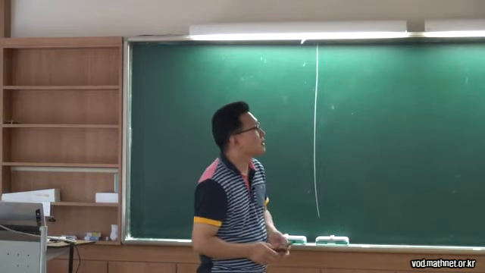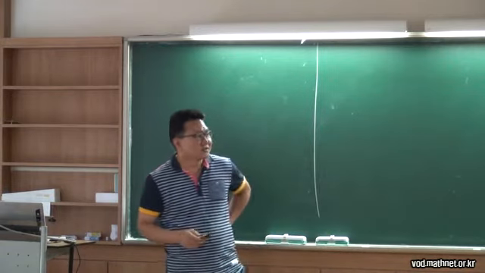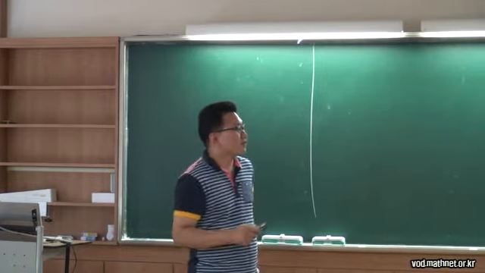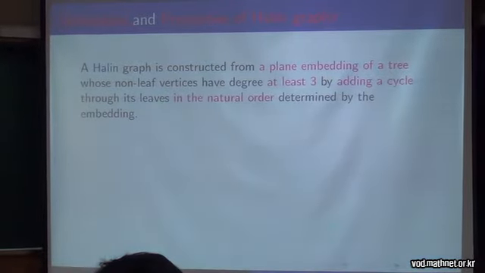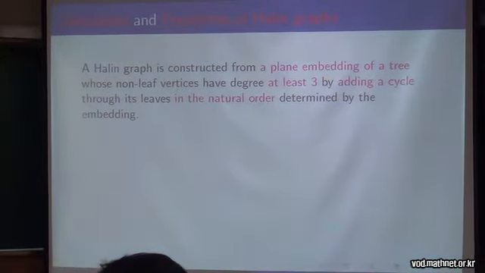So the Halin graph is constructed from a plane embedding of a tree whose non-leaf vertices have a degree at least 3 by adding a cycle through each leaf in the natural order determined by the embedding.